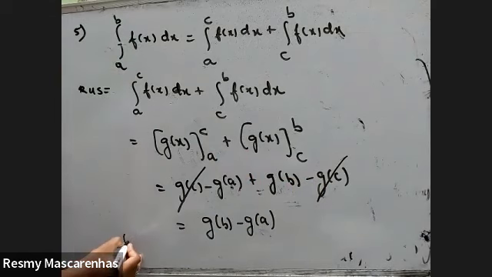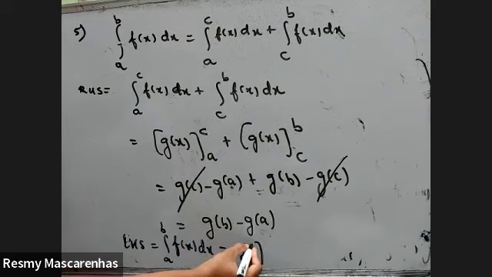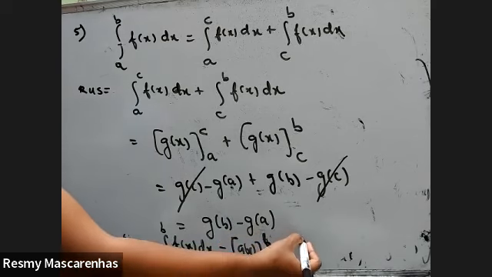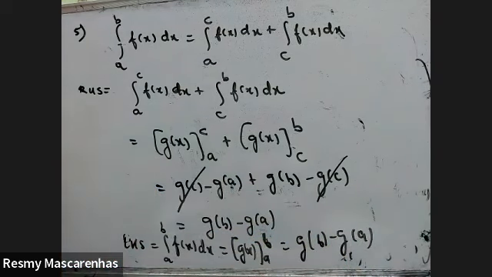Left hand side. Integral of f of x is g of x, a to b. Substitute the higher limit minus the lower. It's the same as the right hand side. So I'll stop here.